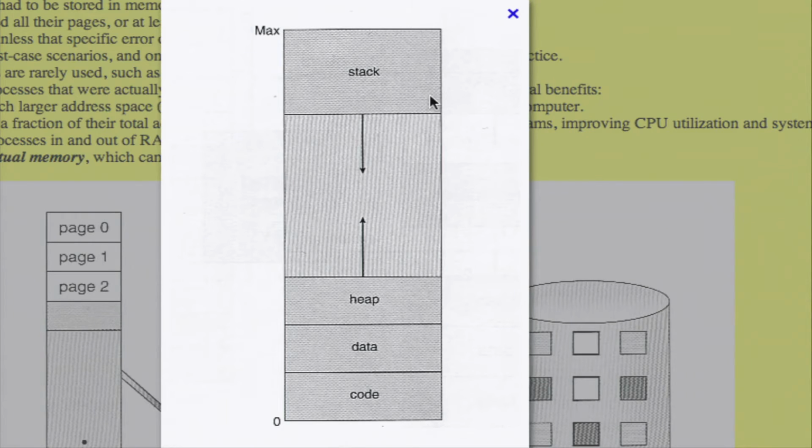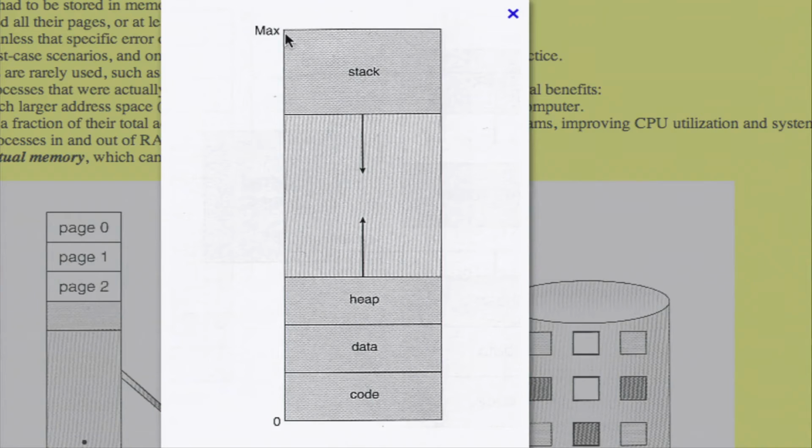Which means that array position 0 would happen somewhere down here. Array position 1 would happen above that, because moving up means higher addresses, since the maximum address is up here. So array[0] down here, array[1] up here, array[2] up here, array[3] up here. Notice how before that we allocated integer i all the way up here, so as we move further and further into our array, we are getting closer and closer to our integer i.